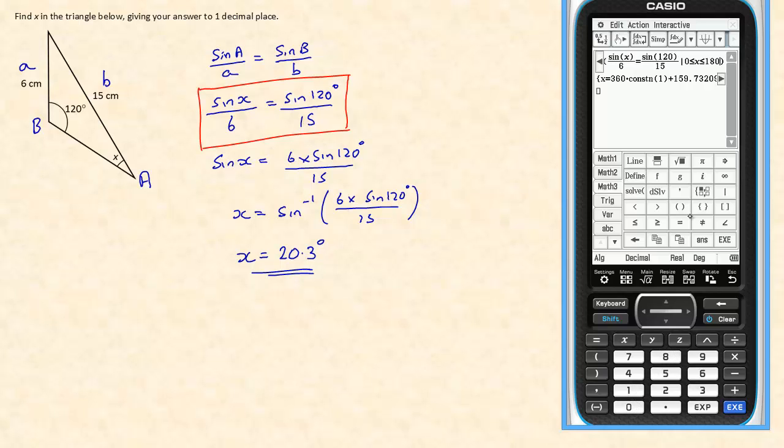So we're restricting our answer to be between 0 and 180. If we execute again, we get 159.7 and we get 20.3.